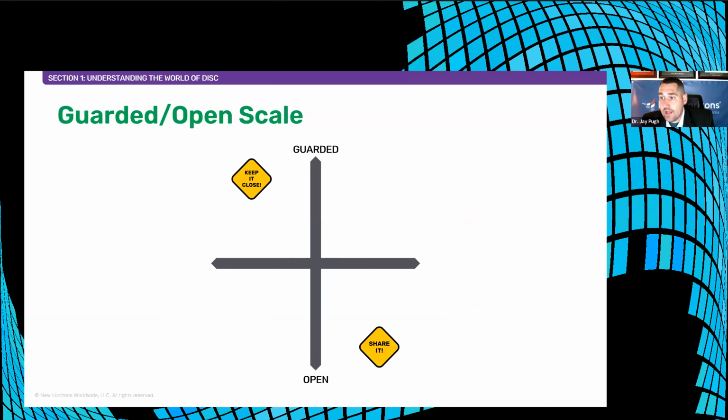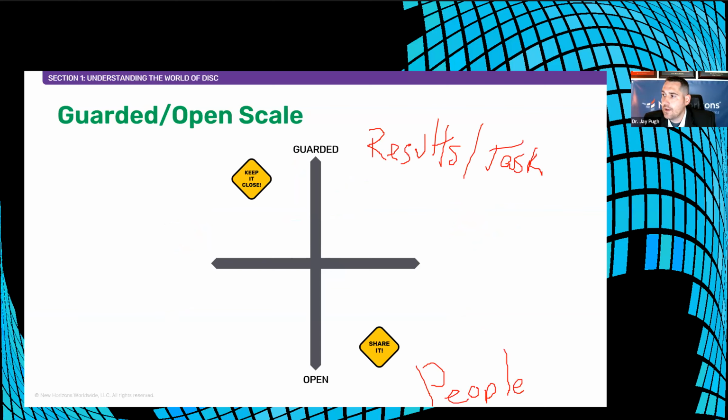Is priority driven more on results and task, or is it driven more in people and empathy? Which is it drawn more in?